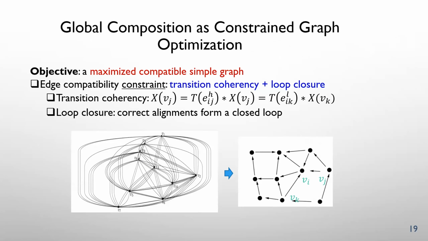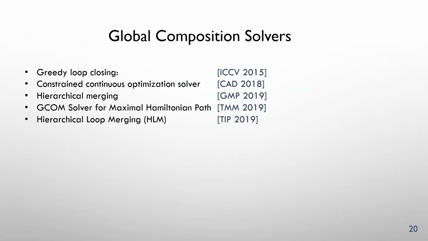For example, we can incorporate certain constraints like co-cycle, transition coherency, or loop closure. These are all common constraints used in the SLAM literature, and we use them to enforce that two adjacent pieces are not only well aligned, but also, when we consider multiple pieces together, they should be able to compose consistently. Okay, I'll skip these technical details.